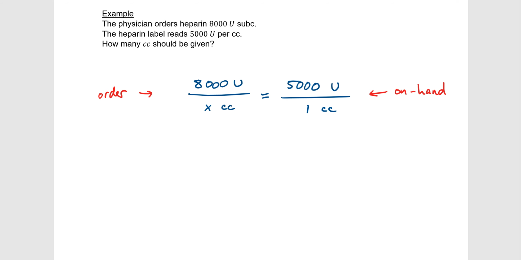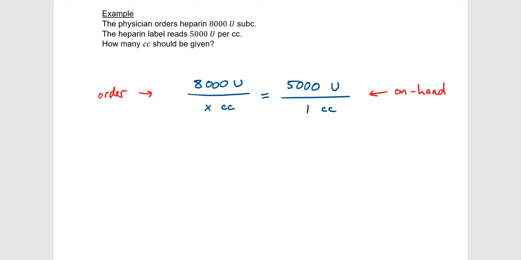Okay, so let's set up this proportion for the order and the on-hand drug. So from the order ratio, we have 8000 U divided by X cubic centimeters, because that's what we're looking for. And that's going to equal the on-hand ratio of 5000 U over 1 cubic centimeter. As usual, when there's no number written in the order or on the on-hand drug, if it just says per cc, that's per 1 cc.